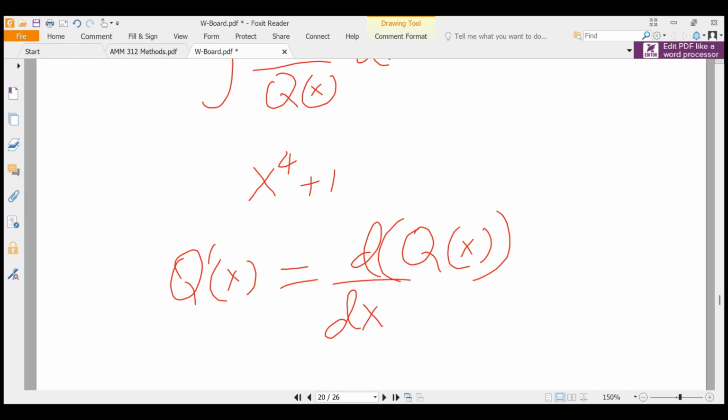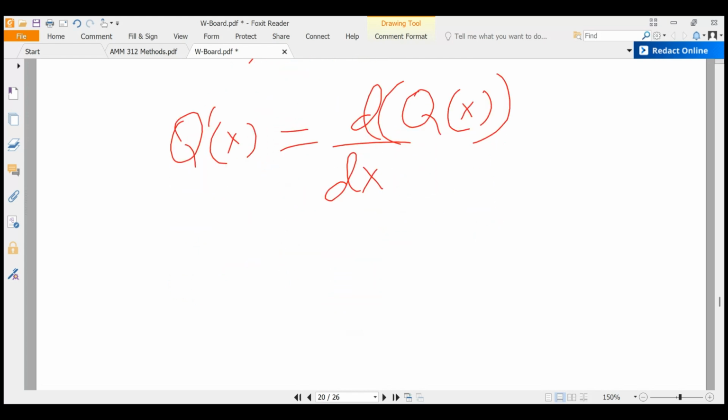So this method splits the integral into two parts. The first one being the rational part, that is a fraction that integrates directly to a rational function, and the second one being a logarithmic or inverse trigonometric part arising from simple roots, often integrating to the logarithm of x or tan inverse of x.